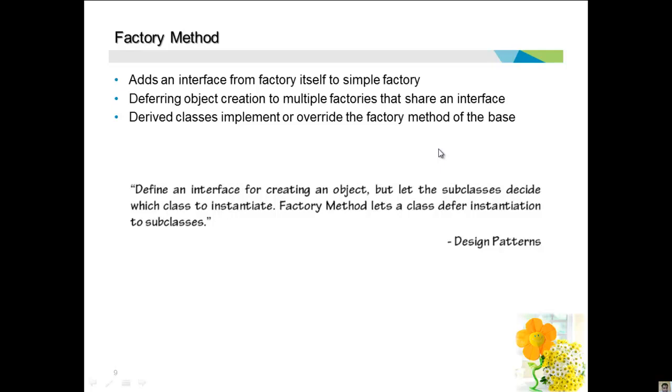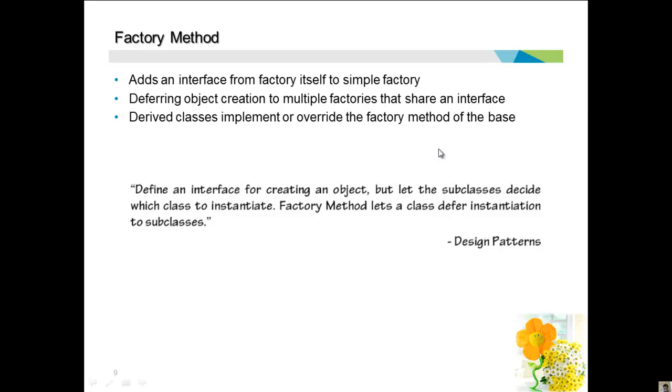So in such a case, in addition to binding all the concrete classes with respect to an interface, we are also binding all the factories with respect to an interface defined for that factory.